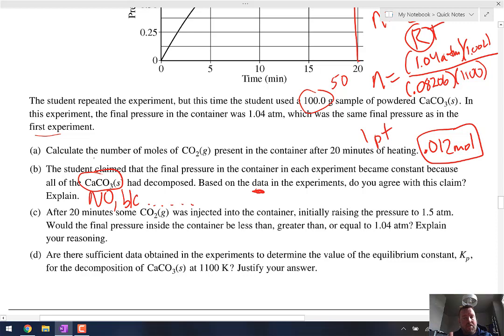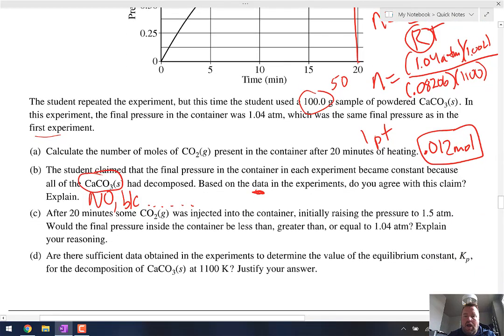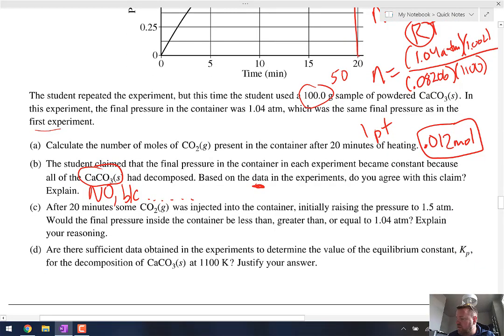If we had gotten different amounts or different pressures of CO2, then we could say yes, all of the CaCO3 got used up when we only had 50 grams. But since we get to this pressure in both cases, then we know that there still has to be some calcium carbonate left over. Okay, also a 1-point response.